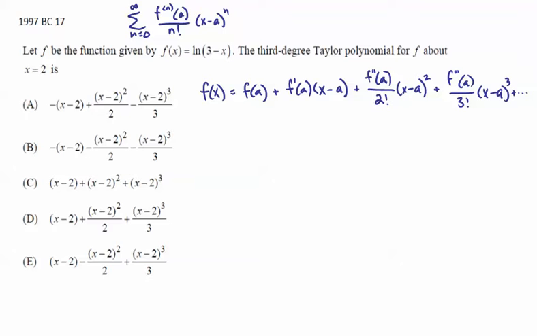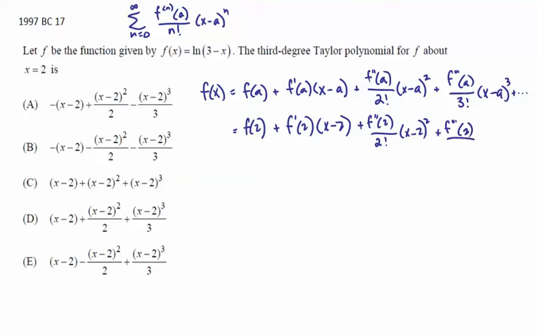So in this case we are looking for f of 2 plus f prime of 2 times x minus 2, plus f double prime of 2 over 2 factorial times x minus 2 to the second, plus the third derivative evaluated at 2 over 3 factorial times x minus 2 to the third power.